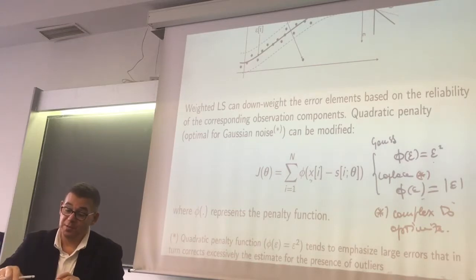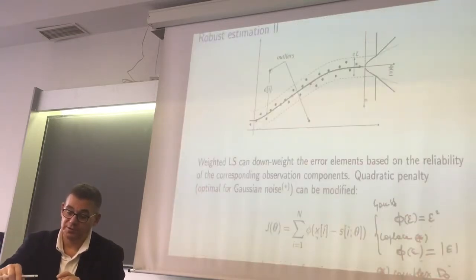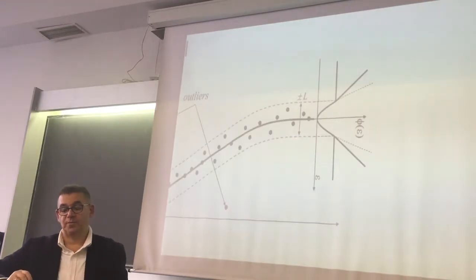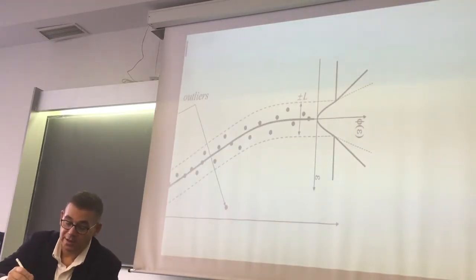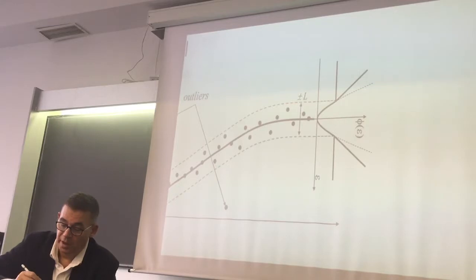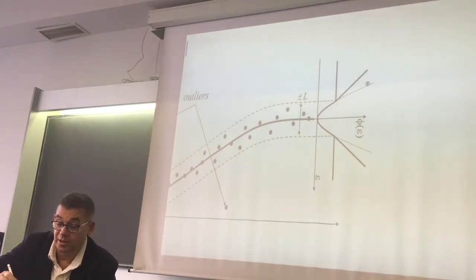The possible estimators are sketched here. These are the functions I'm considering. Look, there are multiple functions here. Now, assume that the noise is Gaussian. My penalty function, if Gaussian, is quadratic. This is the quadratic one.